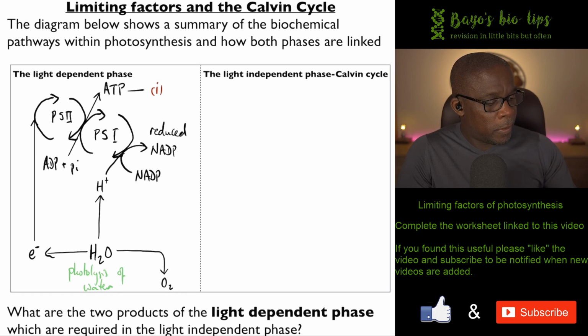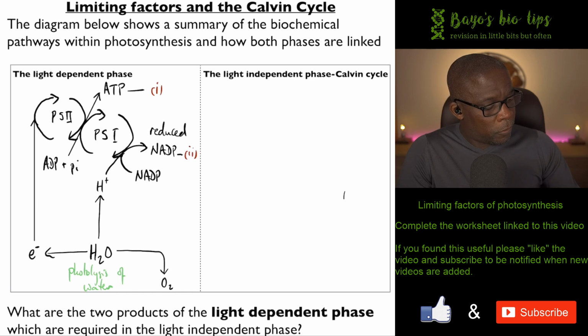And that is the second substance we need for the next phase. So that's the light-dependent phase of photosynthesis. Now let's have a look at the light-independent phase.